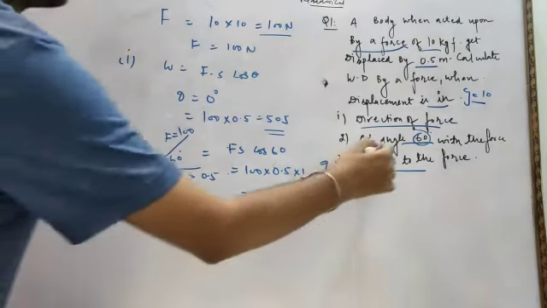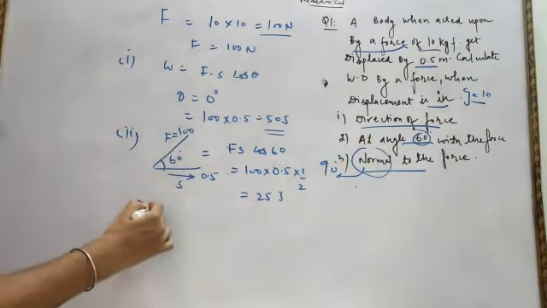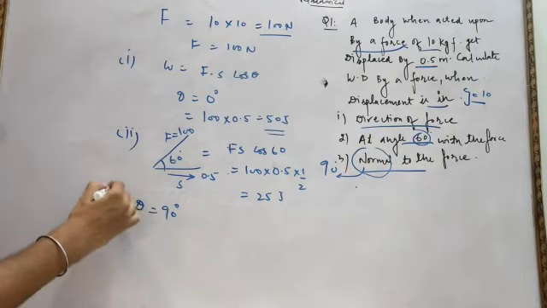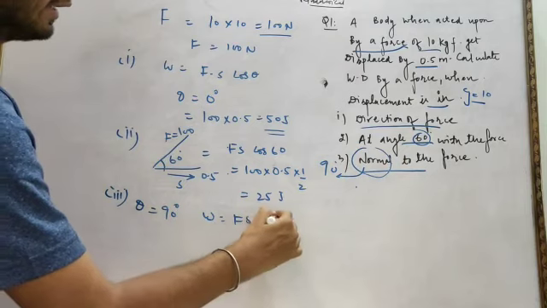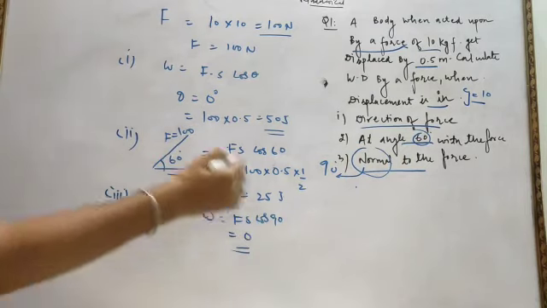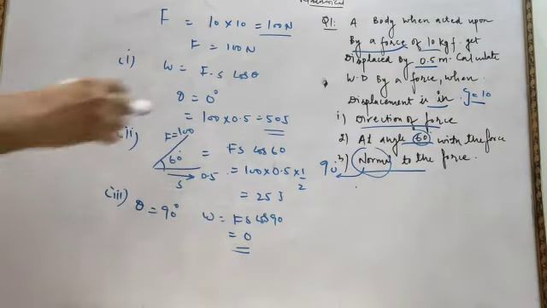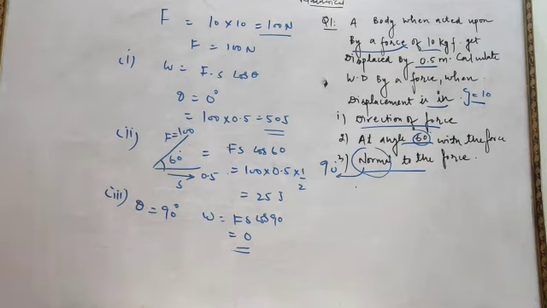While in the third case, normal means theta equals 90 degrees. So work done equals Fs cos 90, that will give you the value 0. So zero work will be done when the displacement is normal to the force. So this is the way you will proceed in the numerical portion. That's all for today. Now we'll discuss the next topic in the next slide.